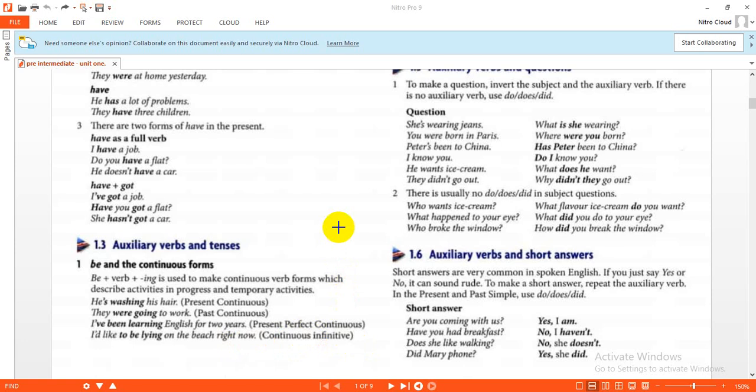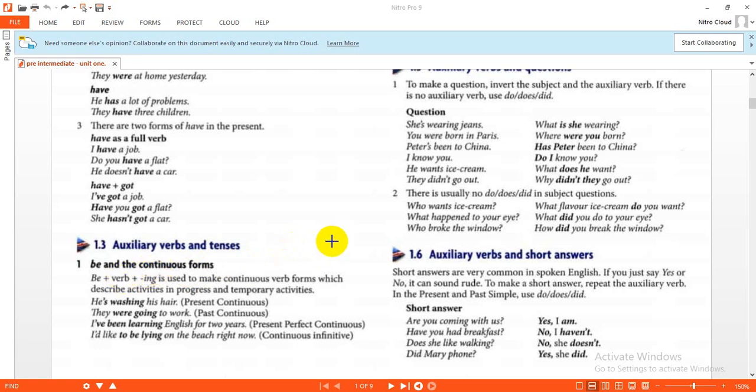1.3 الأفعال المساعدة auxiliary verbs and tenses. Number 1: الفعل be and the continuous forms وكذلك الفورمات المستمرة.